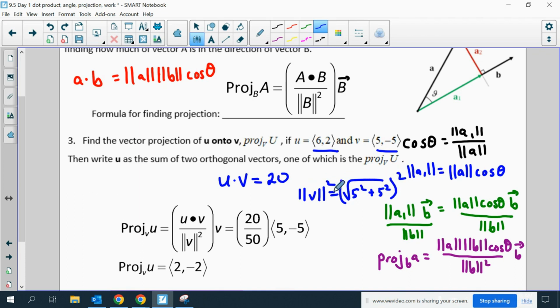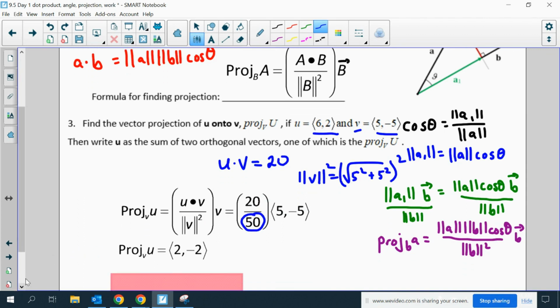So it basically just gets rid of the square root. So that's where the 50 comes from. And then I multiply it by V. So I multiply it by 5, negative 5, the vector. So then I end up with 2/5 times 5, negative 5. And I end up with 2, negative 2. So that's the projection of U onto V.